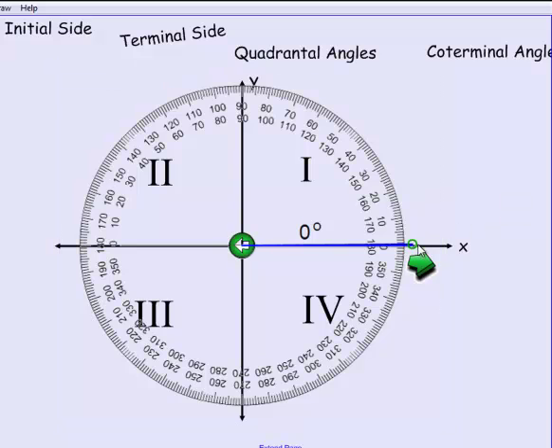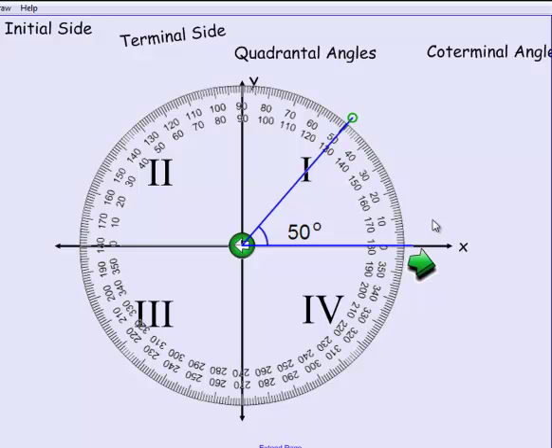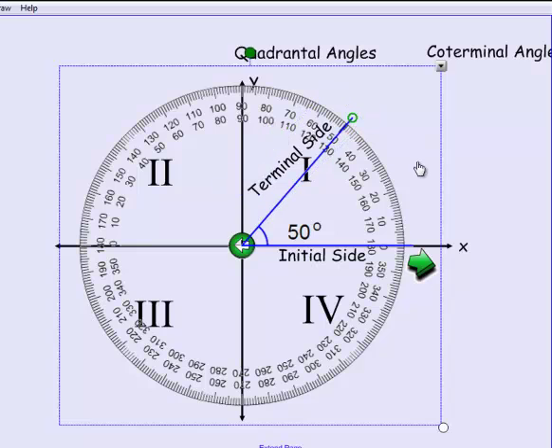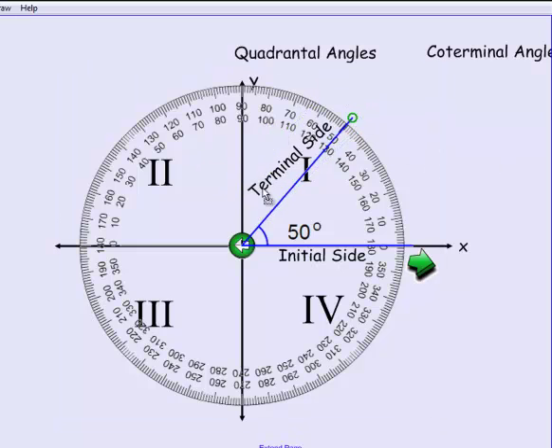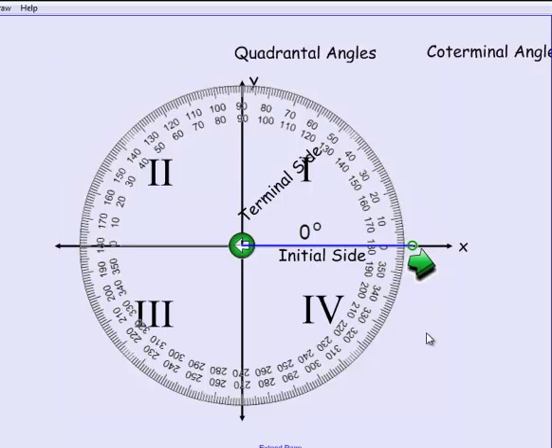So let's learn a couple of things. First of all, let's just take any angle. Let's take a 50-degree angle. This 50-degree angle has two sides that you have to know what they mean. One is the initial side and the other is the terminal side. So the initial side was right here, an angle that did not open up at all, 0 degrees.